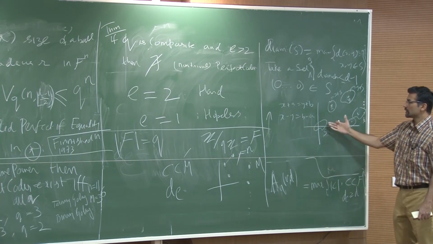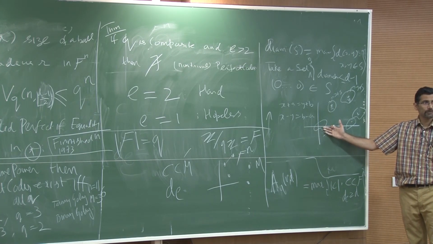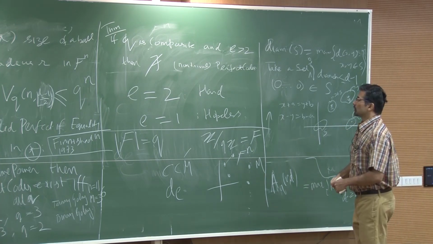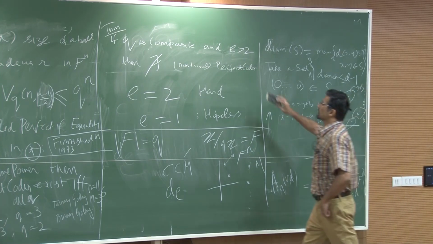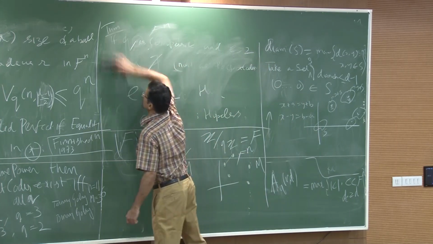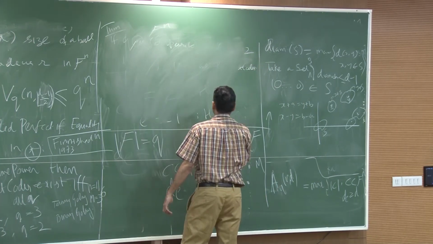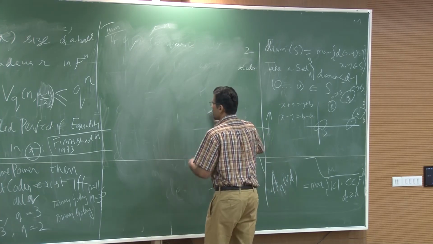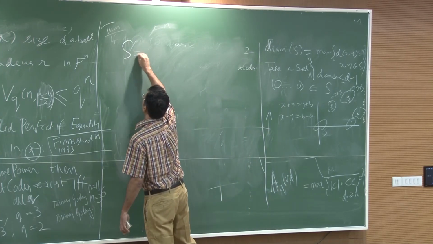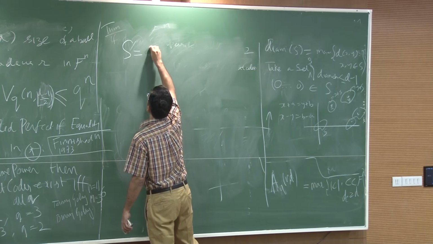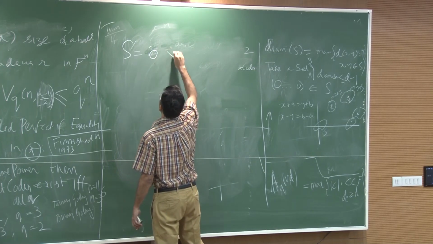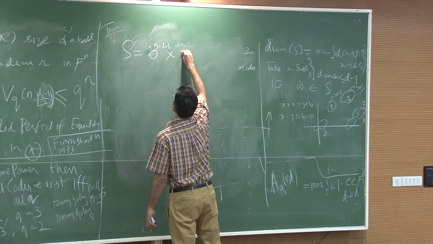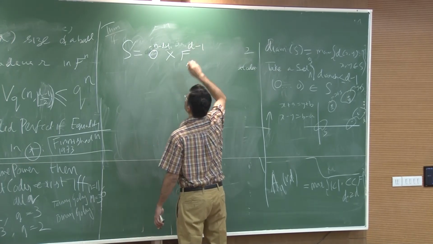For example, this could have been a ball of radius (d minus 1) over 2. That would be a set of diameter d minus 1. But I don't want to go back to the ball. So here is what I'm taking. Take S to be 0 power n minus d plus 1 cross F to the d minus 1.